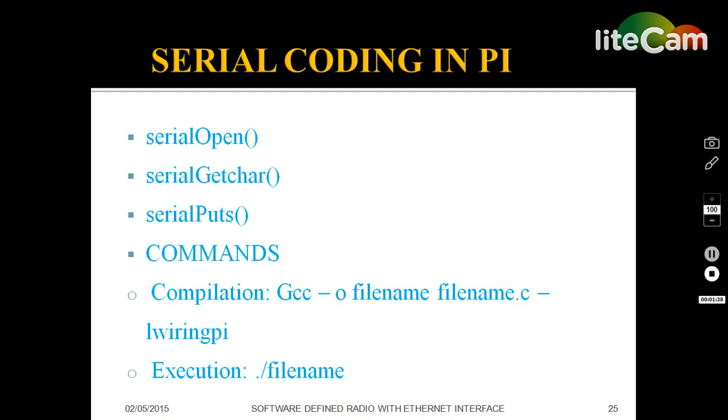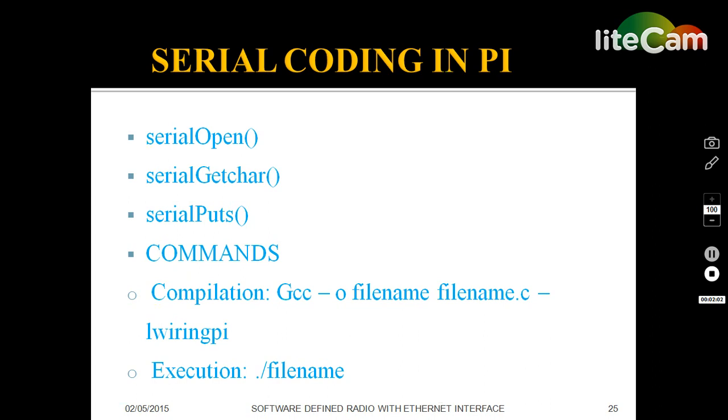Serial coding in Pi. For serial communication in Pi, we have some functions like serialOpen to open the serial port in the Raspberry Pi, serialGetchar to receive the data from the device, and serialPuts to print the data to the other device.